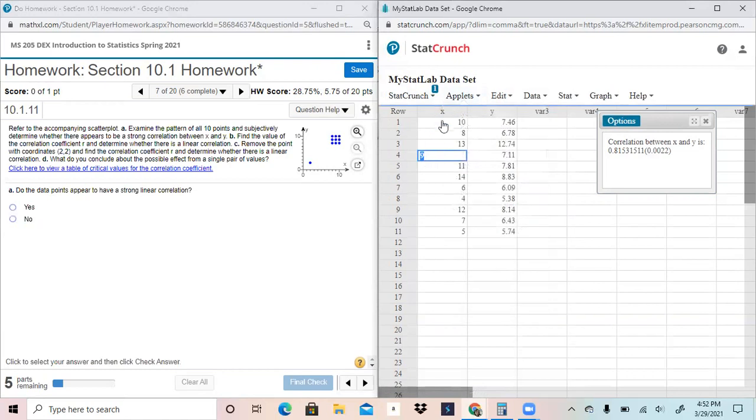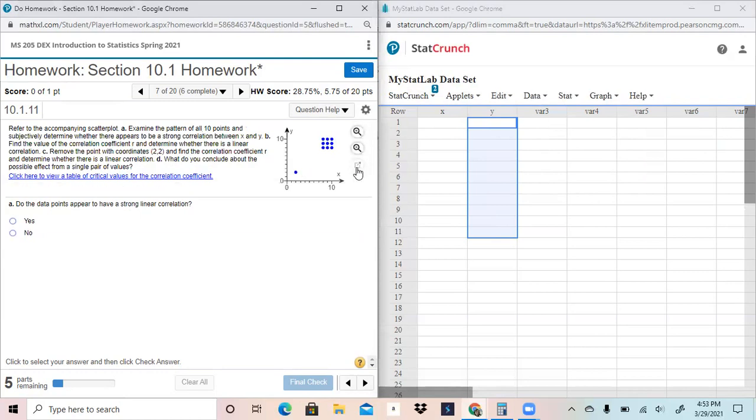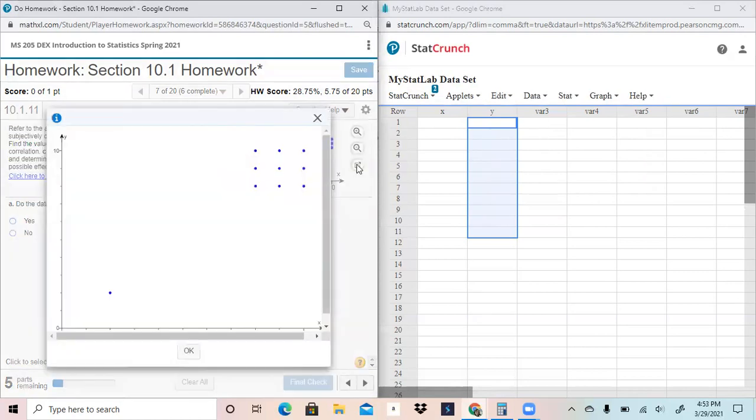I could use this same screen that I've got right here and just delete all of this data, or I could open a new StatCrunch. I can make it bigger, or I can just hit this, which will pull it out, although it doesn't give me a whole lot of the values here.